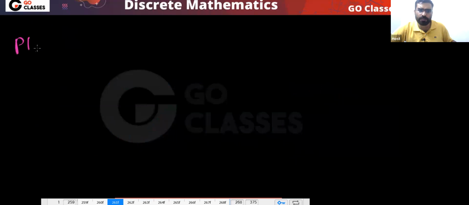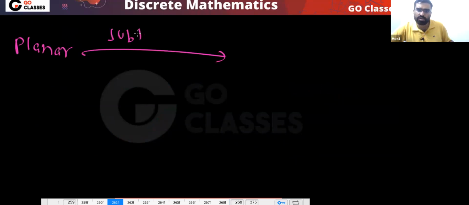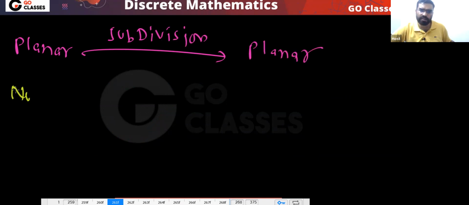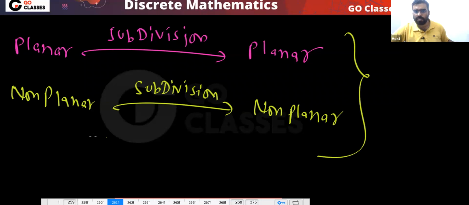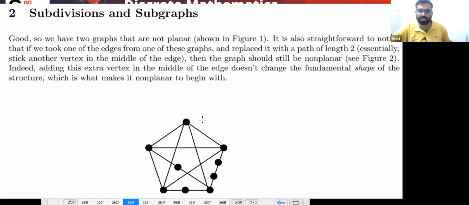If your graph is planar, after subdivision also it is planar. And if your graph is non-planar, then after subdivision also it will be non-planar, because the structure does not change.